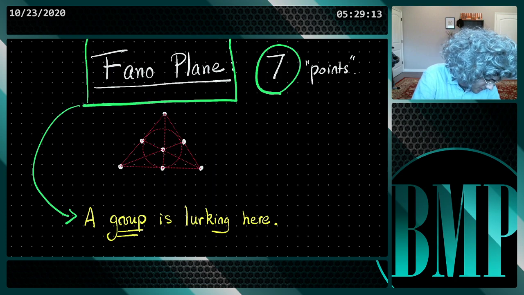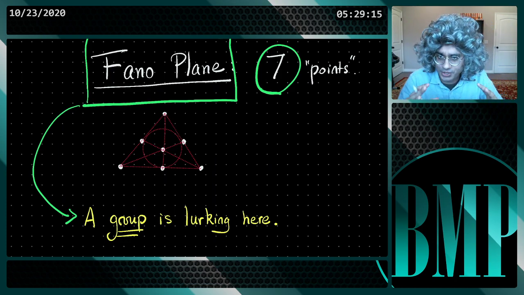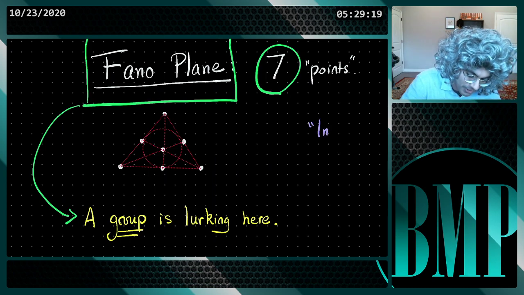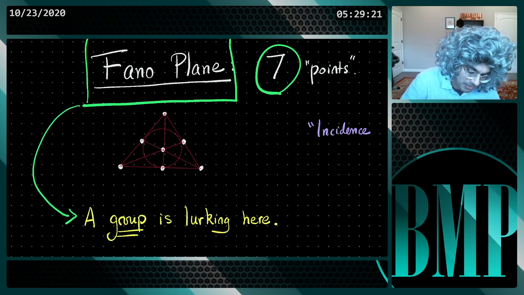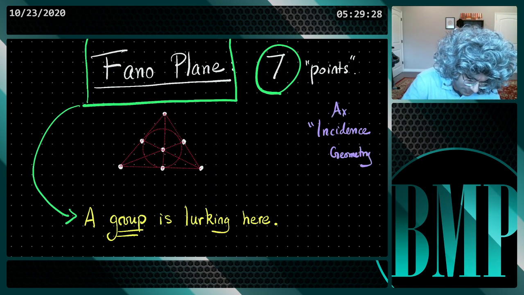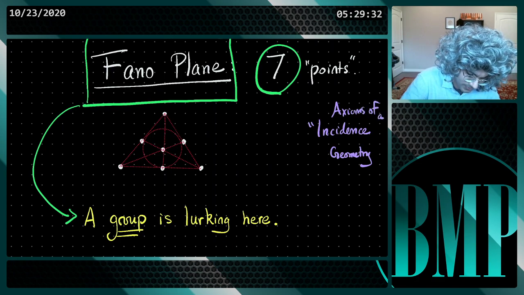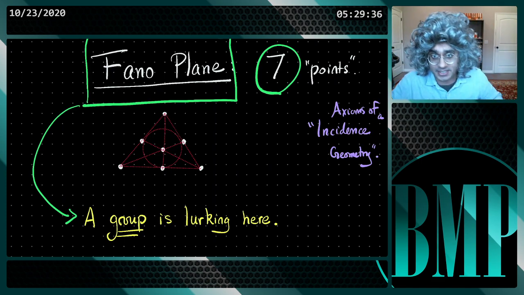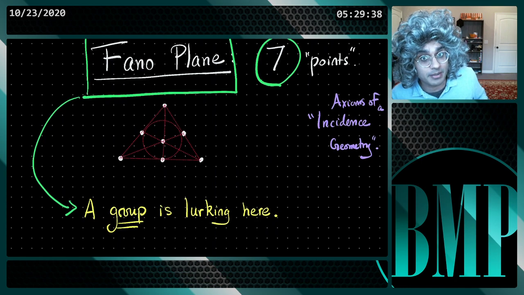I don't remember words well, I remember ideas. The axioms of incidence geometry. The Monoplane satisfies them, and it's a first kind of interesting example.